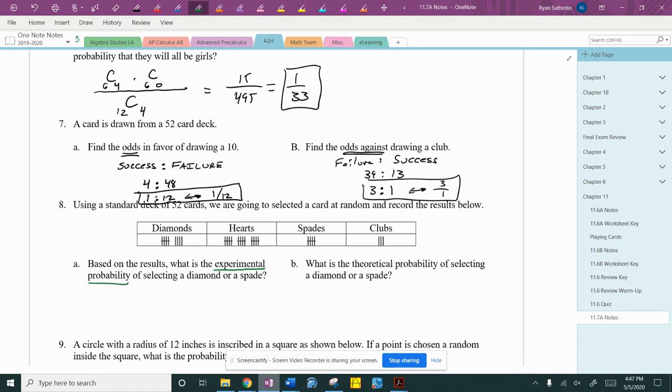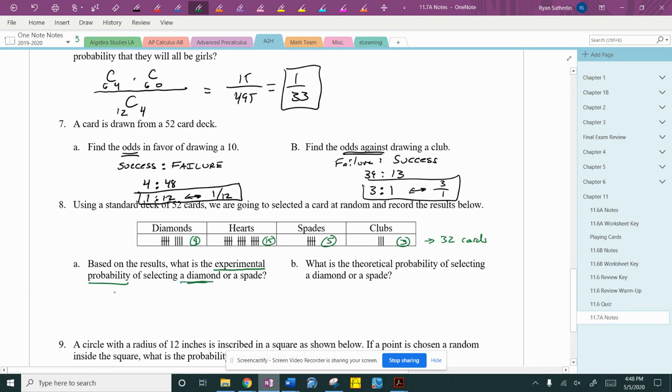Now, experimental probability means ignore what it should be, look at what your results tell you for the experiment that you did. The experiment that we did, we had 52 cards, but we drew these. We had 9 diamonds, we had 15 hearts, 5 spades, and 3 clubs. So we drew all together, it looks like our sample space was 32 cards.